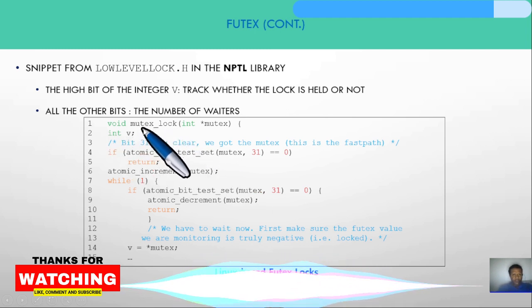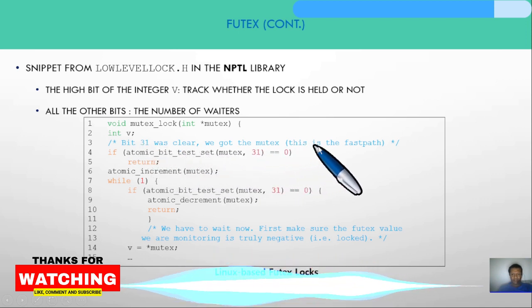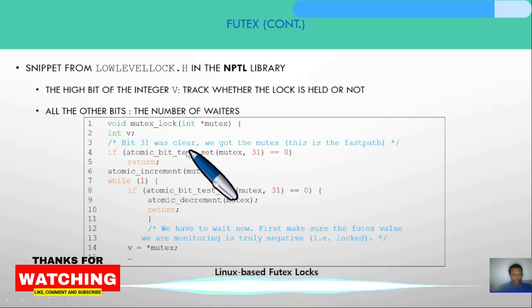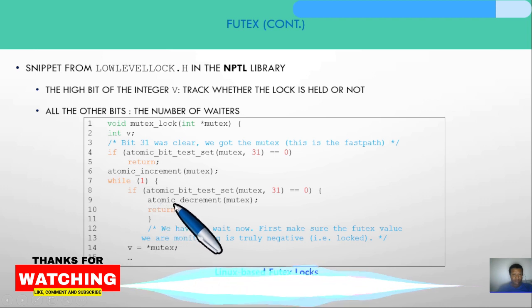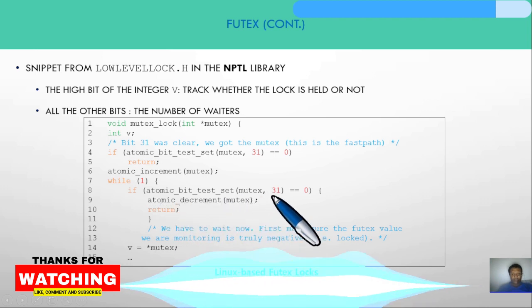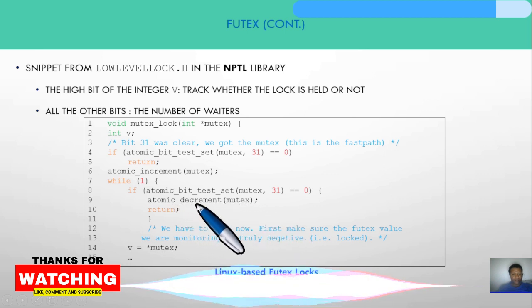As you can see here, we have mutex lock, and if bit 31 was clear, we got the mutex. This is the fast path, and as you can see, we have atomic_bit_test_set. So the mutex is bit 31, and we return; atomic_increment mutex, and while one, if atomic_bit_test_set mutex 31 is equal to 0, then atomic_decrement mutex and return.